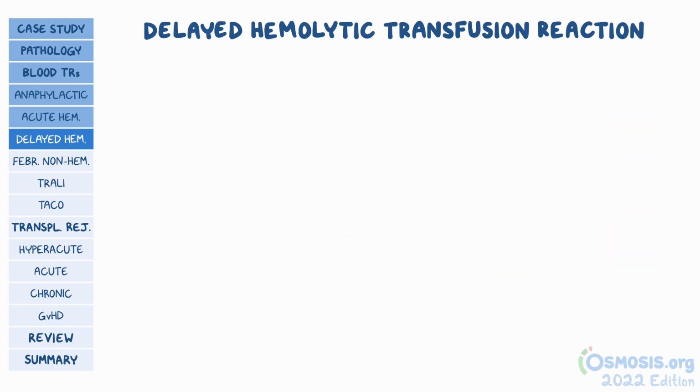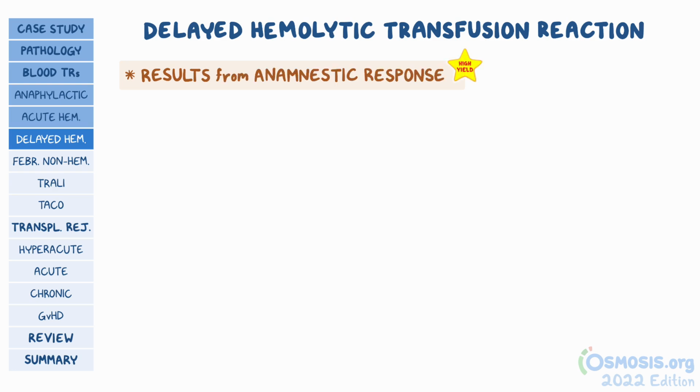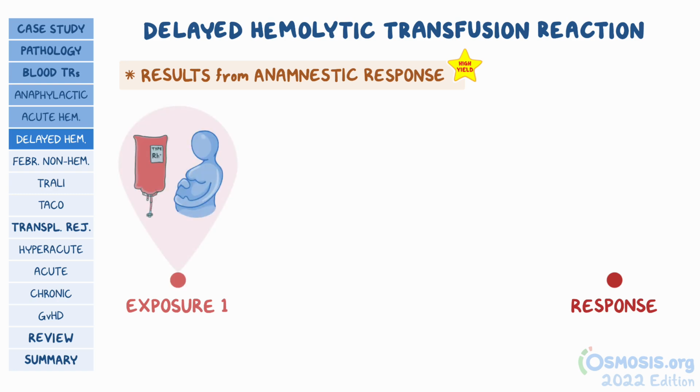Now, keep in mind that this reaction results from an anamnestic response, meaning that to develop a response, the recipient must be previously exposed to these minor antigens, like by a prior transfusion or pregnancy, which led to the development of antibodies without causing a noticeable reaction.